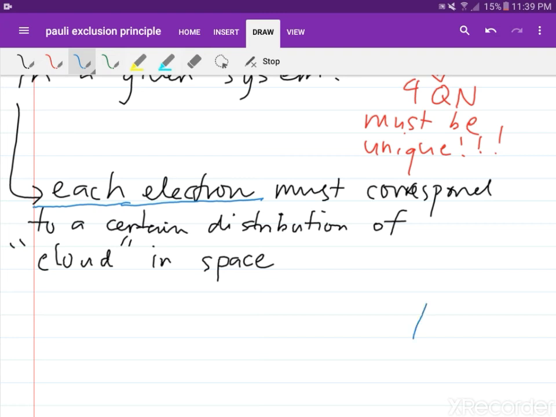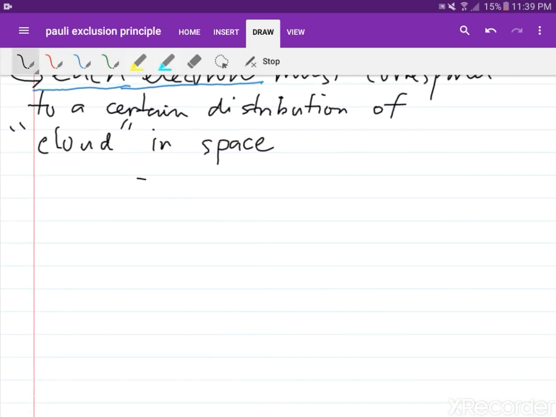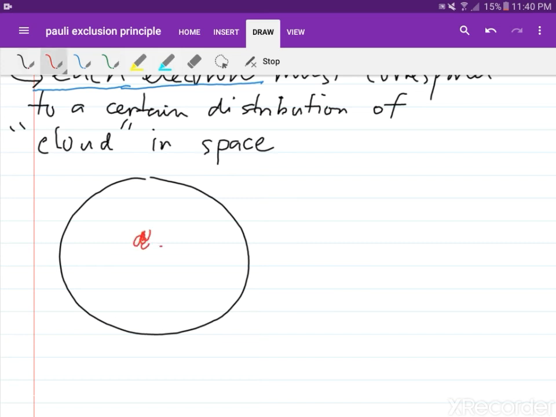So this solves the puzzle of the central field approximation. No longer are the electrons, or the single electron, confined to the ground state.